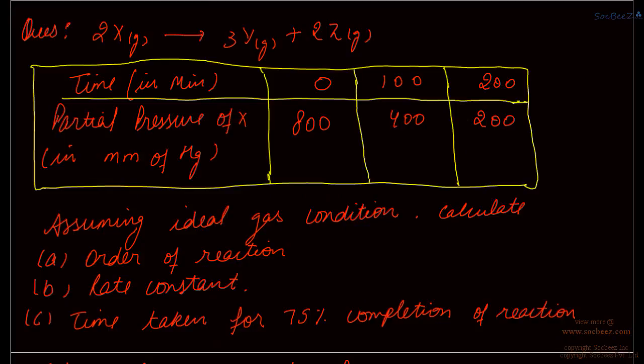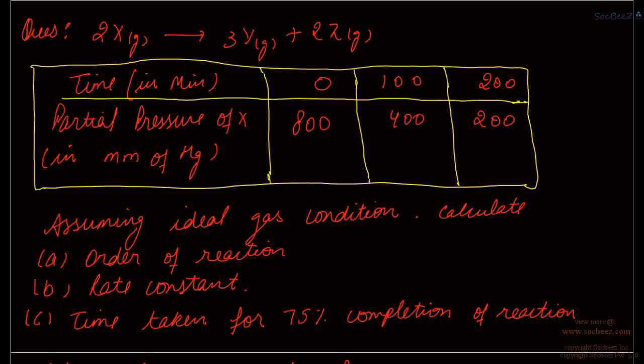Question looks like this. Now 2x giving us 3y plus 2z. Time in minutes was plotted with partial pressure of x in millimeter of Hg. At 0 time, partial pressure of x is 800 millimeter of Hg.